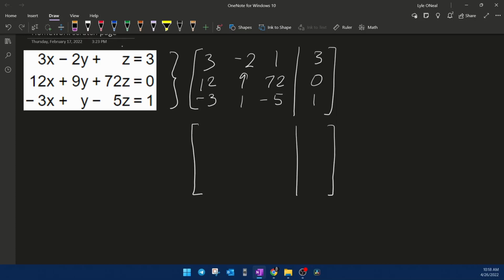All right, so I'm going to take a bit of an unconventional approach to the row operations this time, because I don't know if you're like me, you want to avoid fractions at all costs until the very last moment that you have to deal with them.